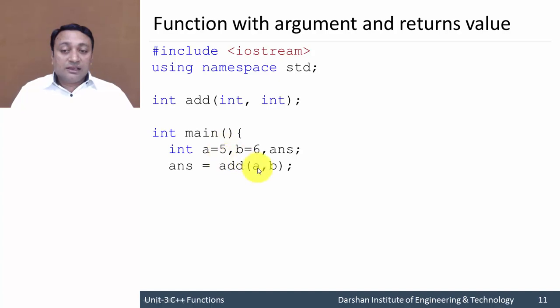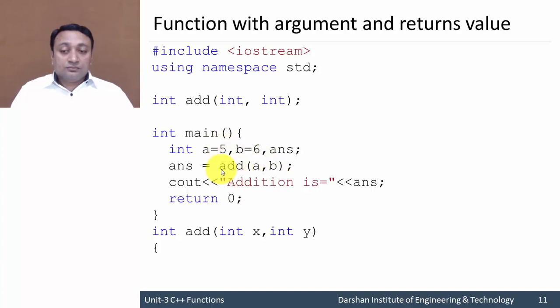I am passing a and b to the function. So control directly moves to the function definition. The value of a will be copied to x, variable b value will be copied to y. Here two new variables will be declared.